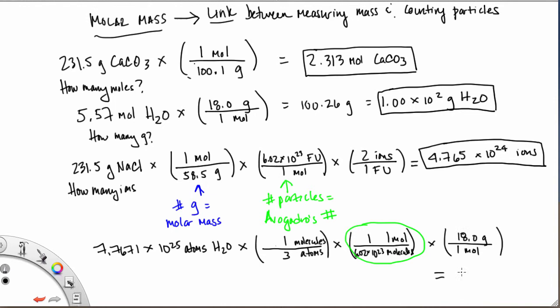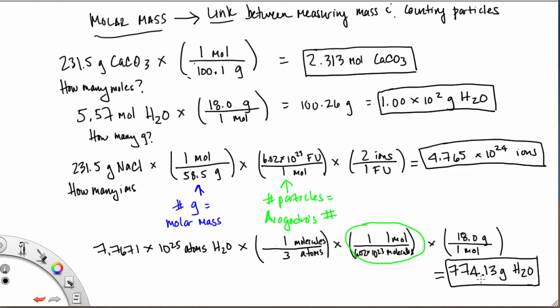And I end up with 774.13 grams of water. So now I've been able to go from number of atoms and work my way all the way back to mass.